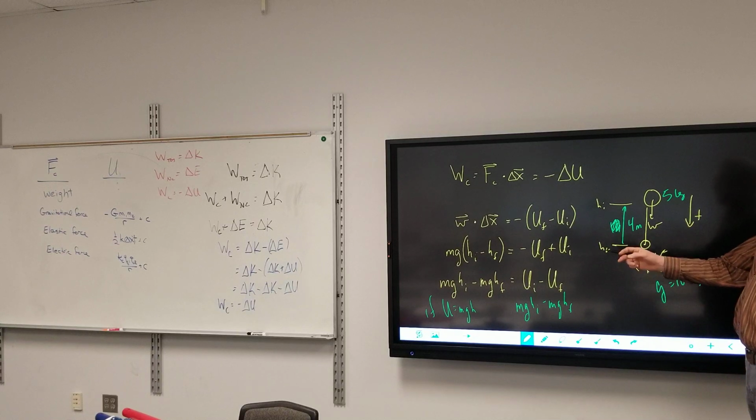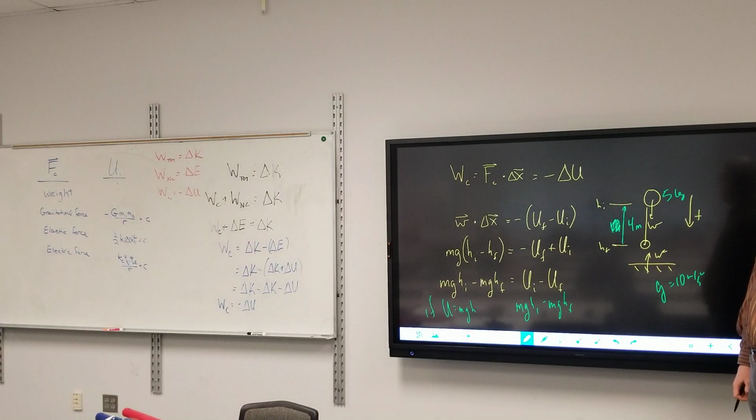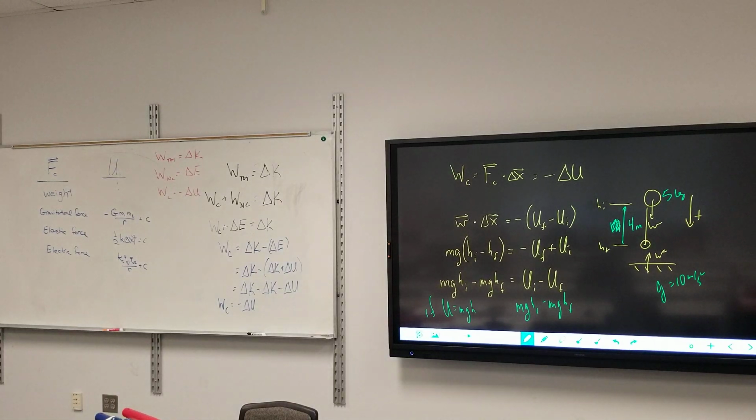So what would be mgh initial minus mgh final? Perhaps it would help if, all right, let's come up with some more numbers here. Why don't we make this distance from the ground to here 6 meters, and this distance right here 2 meters.